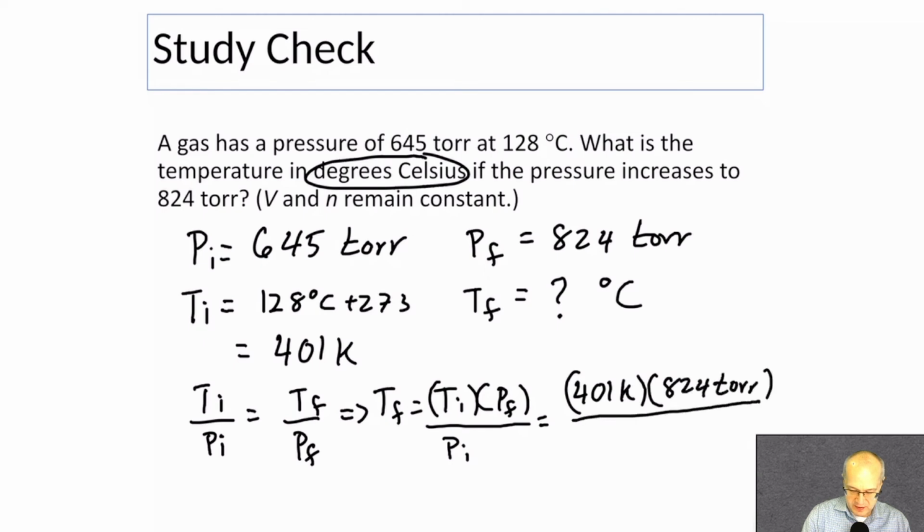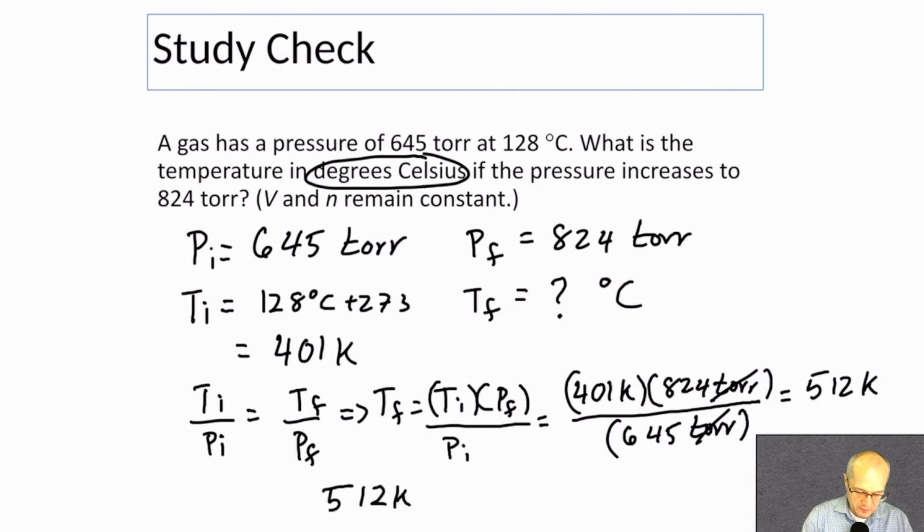All of that now is divided by Pi, which is 645 torr. Units for pressure cancel, leaving you in a temperature unit, which is good. 401 multiplied by 824, divided by 645. Calculator gives me 512 Kelvin.